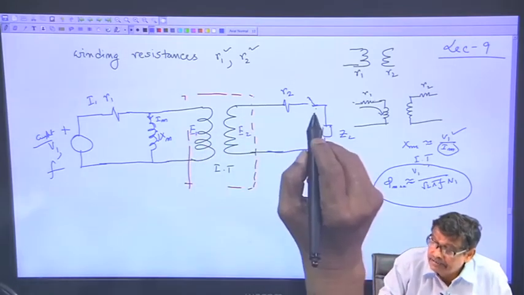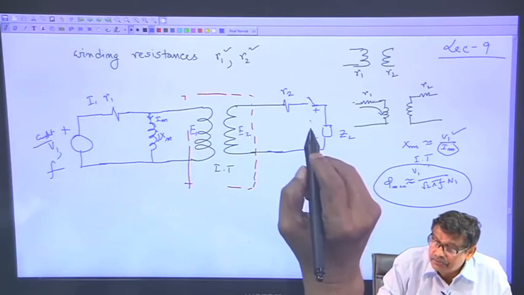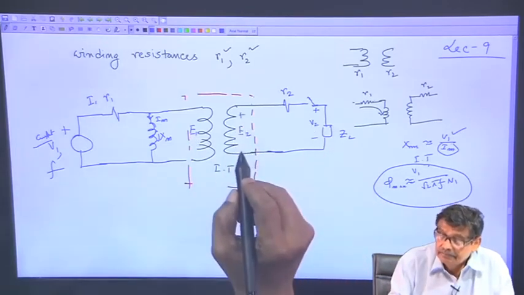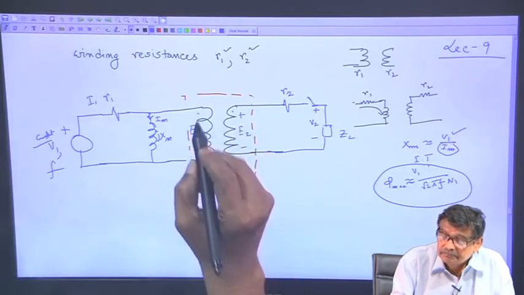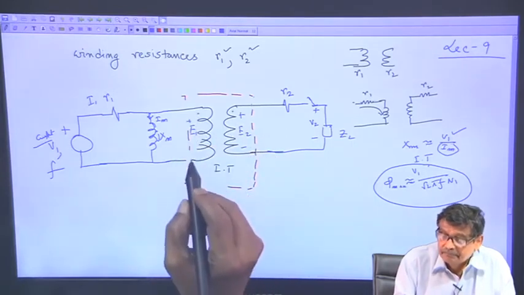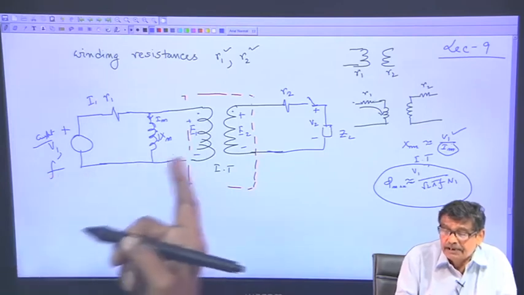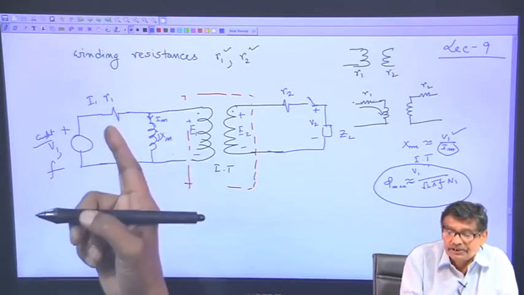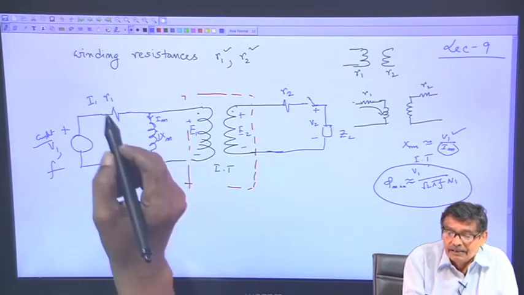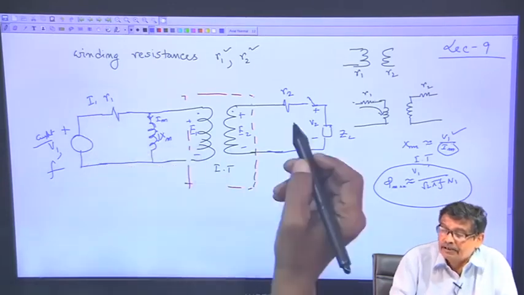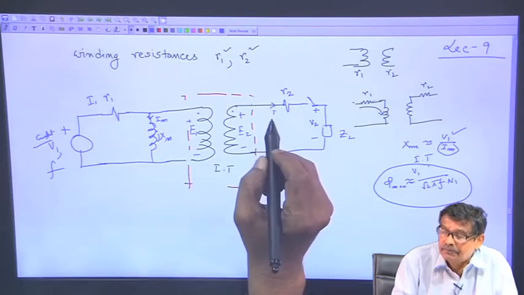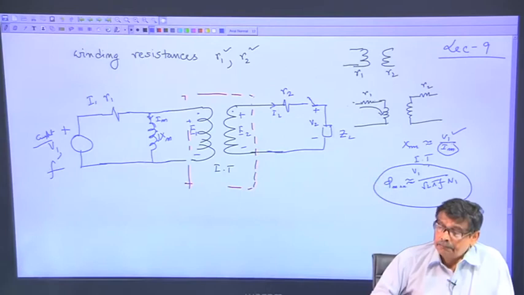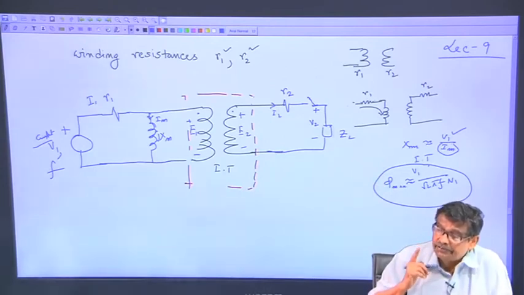Mind you, V 2 and E 2 will not be the same. Similarly, V 1 and E 1 will not be the same, because in between these two sources some I 1 R 1 drop here and some I 2 R 2 drop here will come. They cannot be the same. But nonetheless, we can do these things.